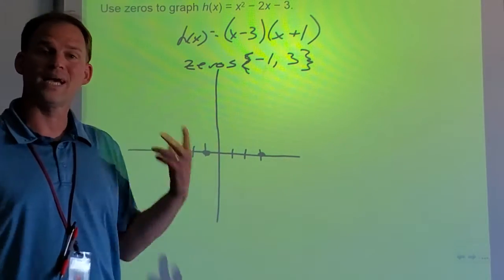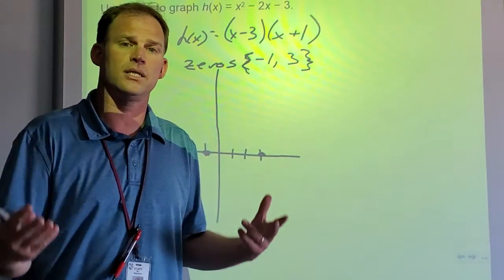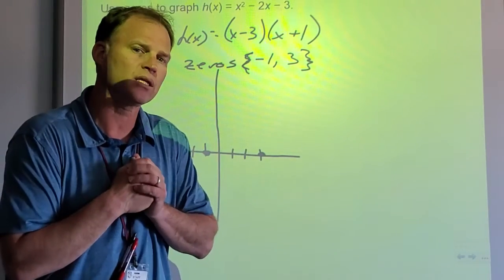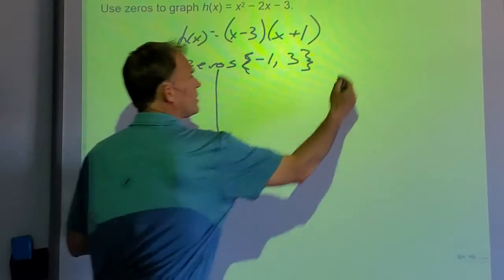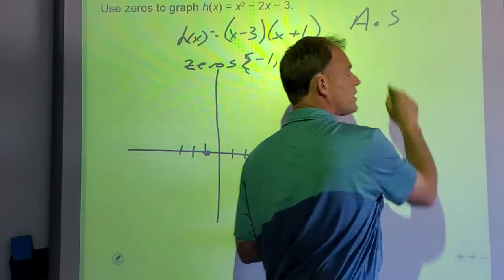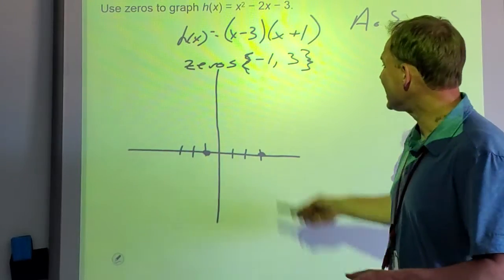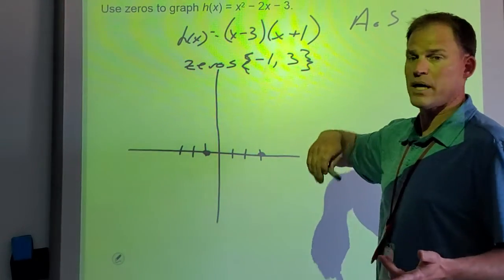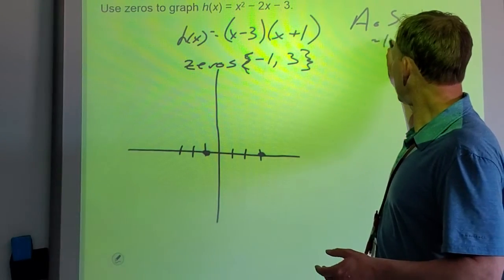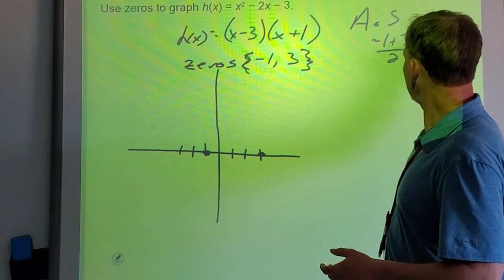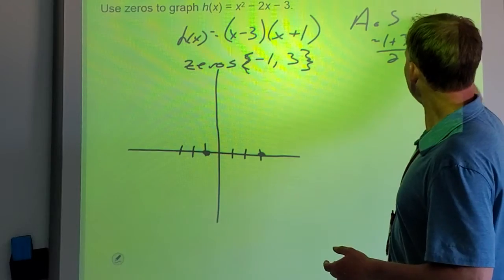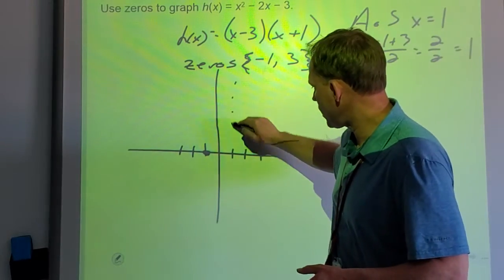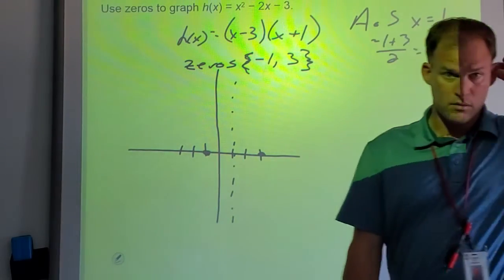So once I have my intercepts, once I have my zeros, where do we go next? Yeah, I gotta find the axis of symmetry. So our axis of symmetry is halfway between. Add these two together, divide by 2. -1 plus 3 over 2 is 2 over 2 equals 1. So my axis of symmetry is right here at 1.